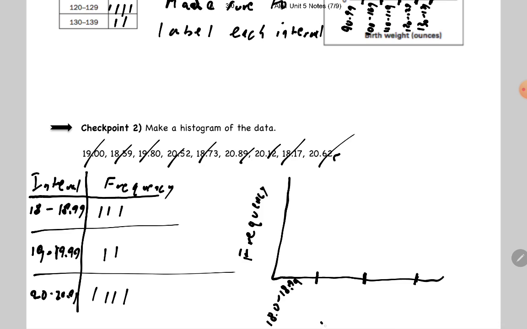And then this is 19.0 to 19.99. And then this is 20 to 20.99. And then 1, 2, 3, 4, 5. Okay, so we go up to 3, make our box, go down to 2, make our box, and then up to 4.